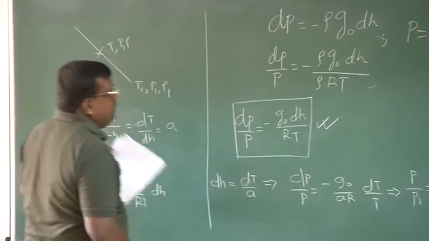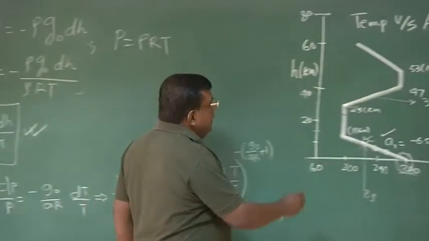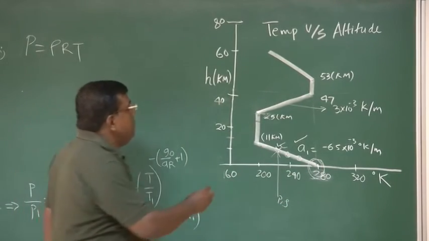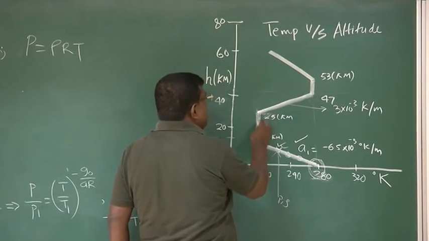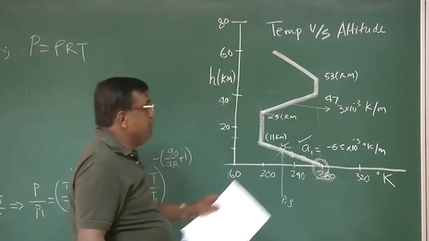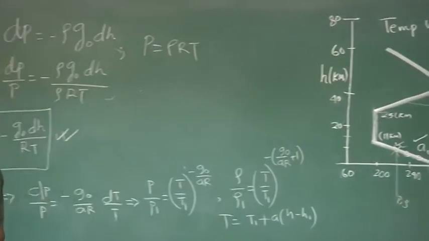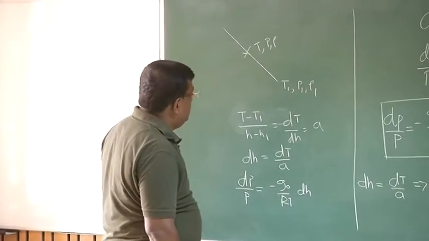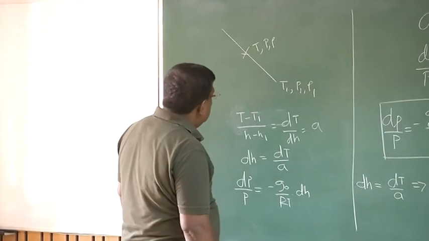Now we are taking the first case where this is the gradient region, that is the temperature is not constant. For example, here we are saying this is an isotherm, that is temperature is constant, but here temperature is changing. So we will take how to find pressure, temperature and densities for the gradient region, right?